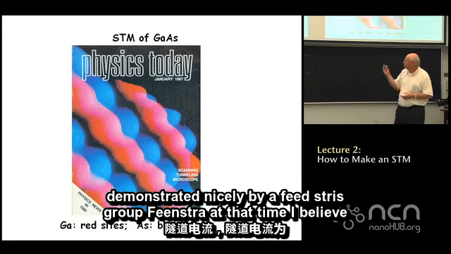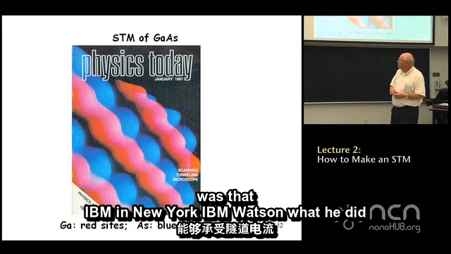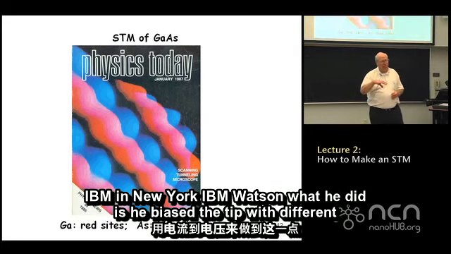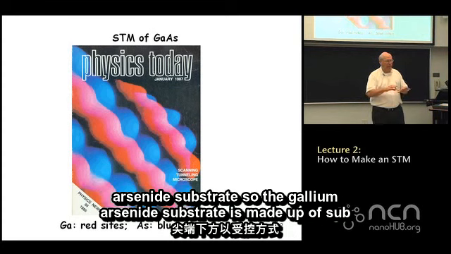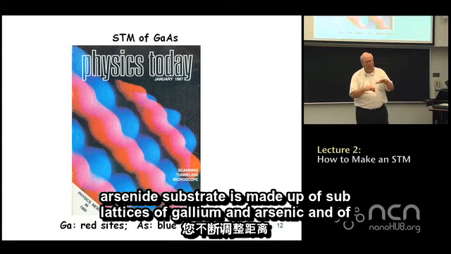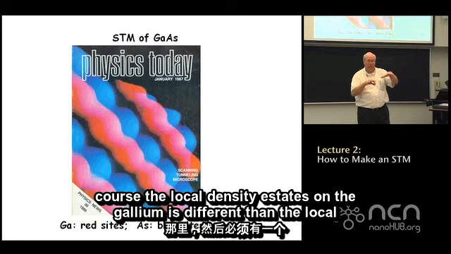Feenstra at that time, I believe, was at IBM in New York, IBM Watson. What he did is he biased the tip with different polarities while he scanned a gallium arsenide substrate. The gallium arsenide substrate is made up of sublattices of gallium and arsenic.